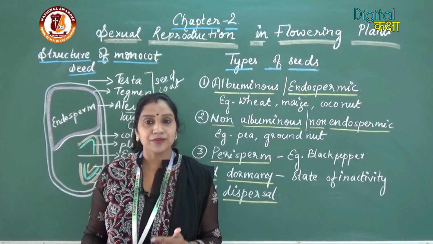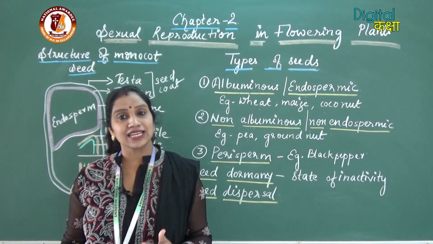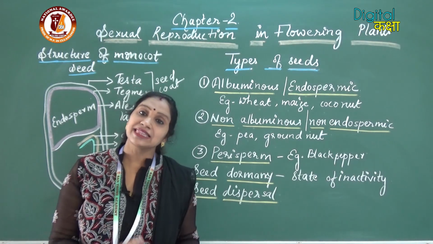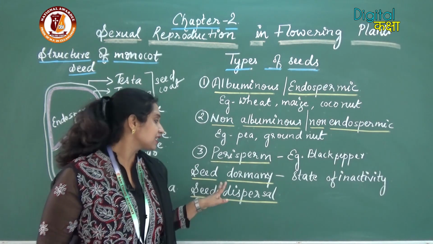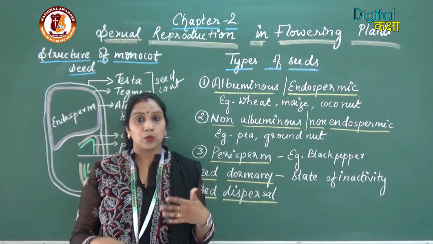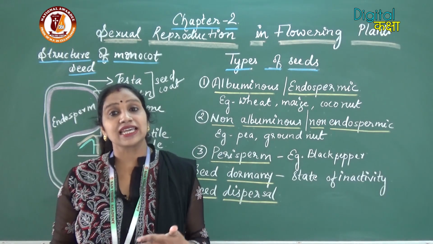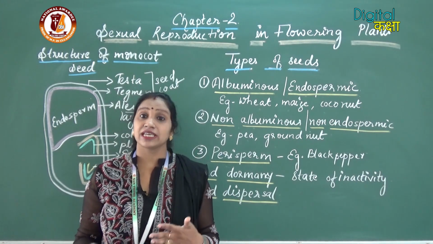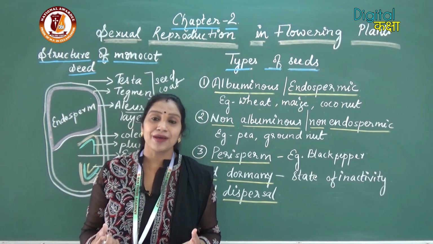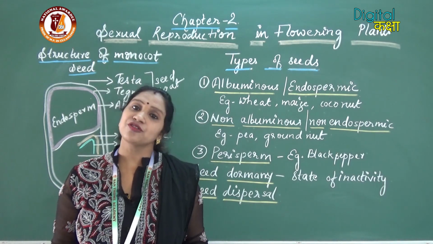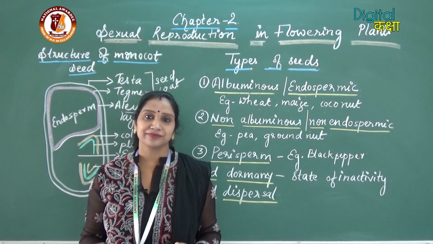So at that time, the seed remains inactive, and that time of inactivity is called seed dormancy. Whenever the dormant seeds get favorable conditions, they get the water, they get the oxygen, they will swell up and germinate to form the new plant.